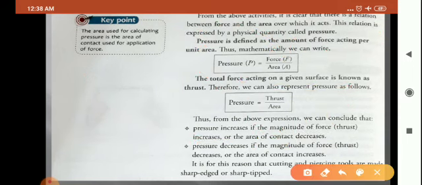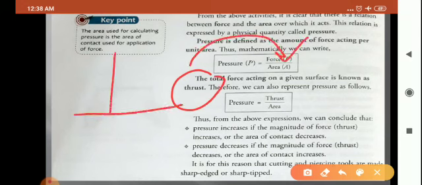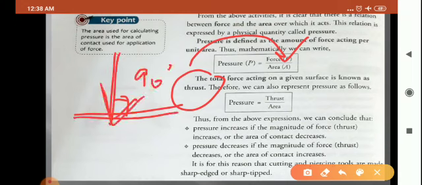So thrust is nothing new but a kind of force which acts perpendicularly to any surface. Okay, perpendicular means it acts at a 90-degree angle. It acts like this, perpendicularly.